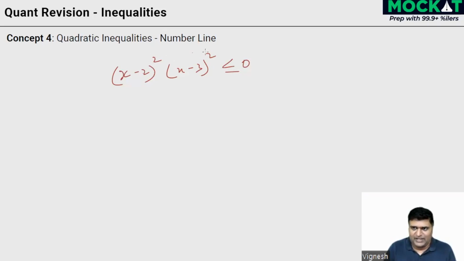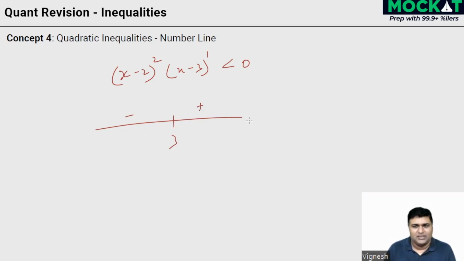The moment we have an even power over here, you need to understand that it's going to come out as a non-negative value. So if you have something like x minus 2 whole square into x minus 3 is less than 0, what's the range? You don't need to put a 2 on the number line, because that part has an even power. We are concerned only about the odd powers. Here it's x minus 3 to the power 1. So write down 3. Anything to the right of it is going to be positive, anything to the left is going to be negative.